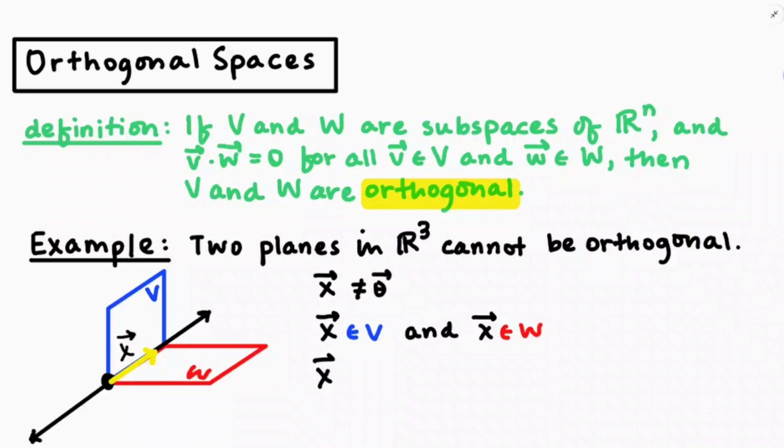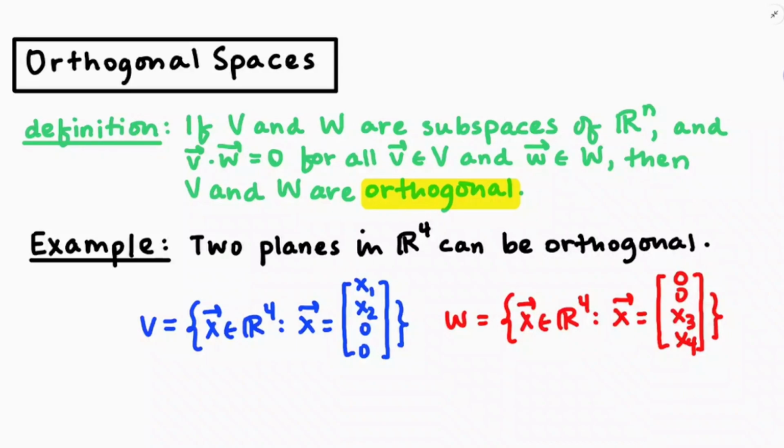So if I dot X with itself, that's going to equal the length of X squared, and that's going to be exactly not zero, right? Because X is not the zero vector. So since X is not orthogonal to itself, and it is an element of both V and W, it's not orthogonal to every element of W. Basically what I'm saying is V and W are not orthogonal subspaces.